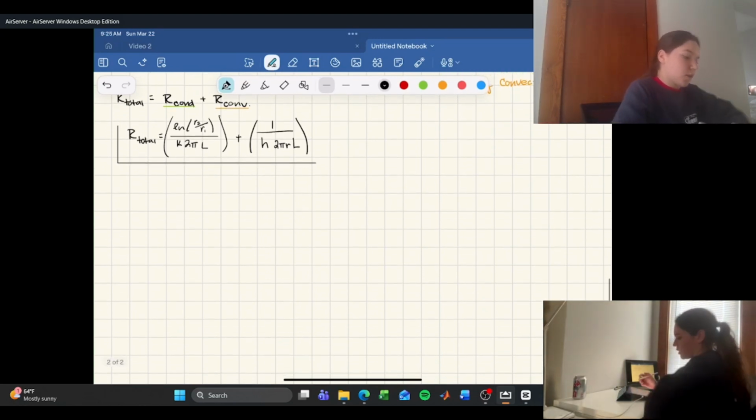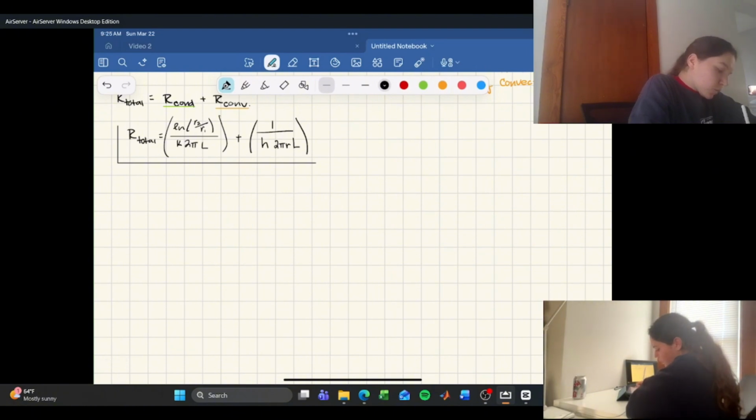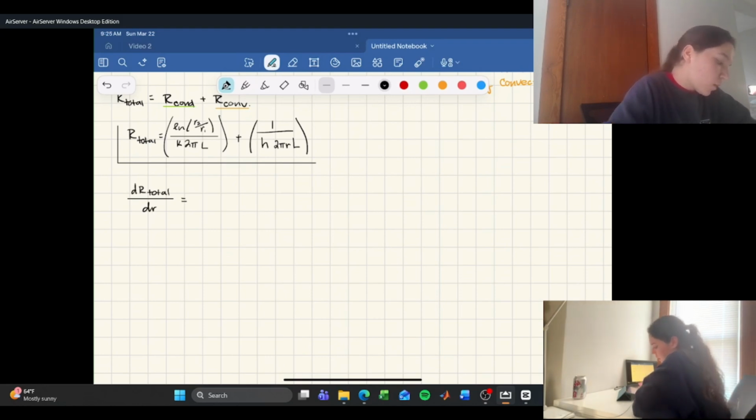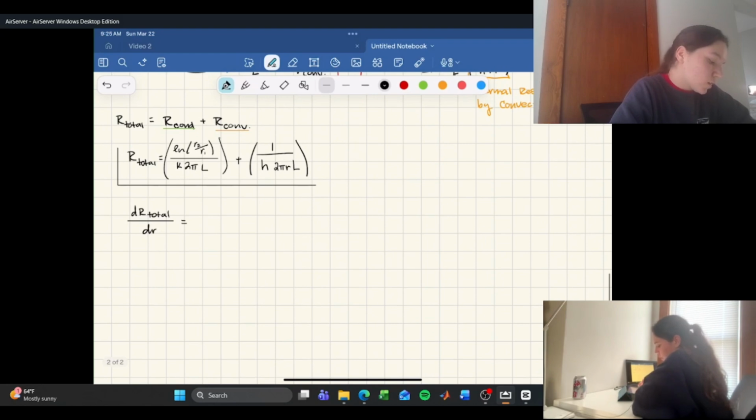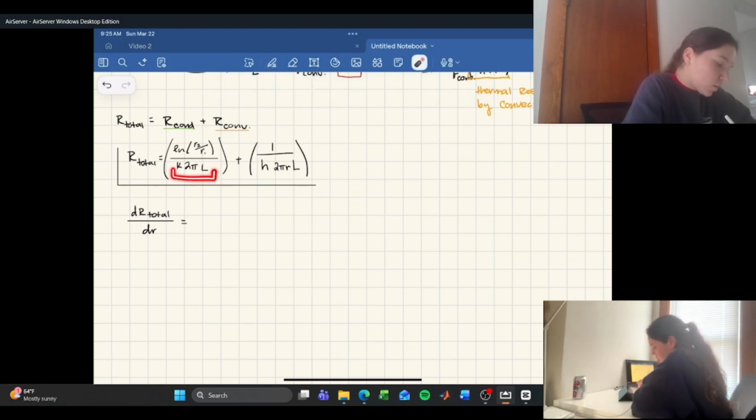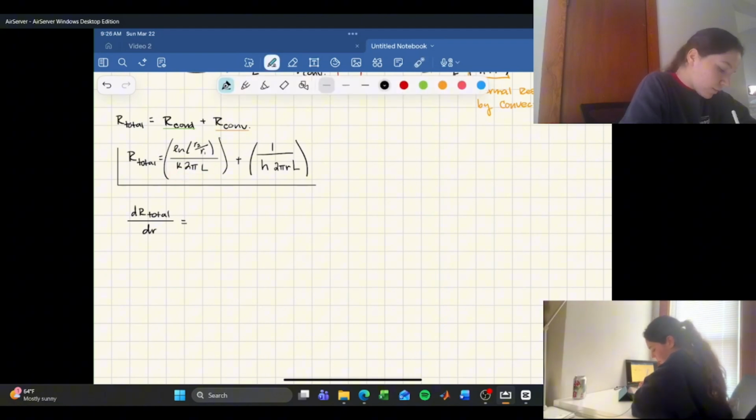So let's take the first derivative. It's going to be the derivative of R total over dr, and then the derivative of the resistance by conduction. This term in the denominator is all constant, so we can take that out.